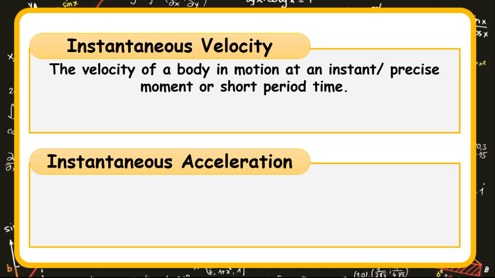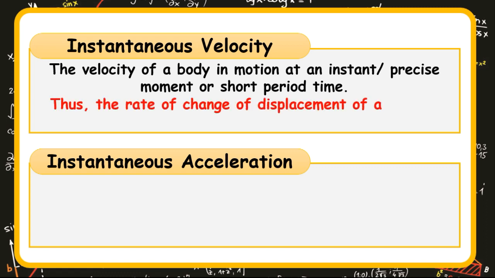Meaning, as I move from initial velocity A, B, C, and D, I can just look at the velocity of the body between, say, B and C, not the total velocity, but at a certain point. That's what we refer to as instantaneous.